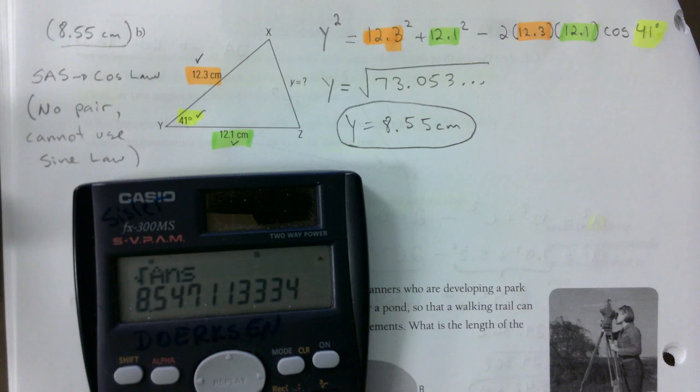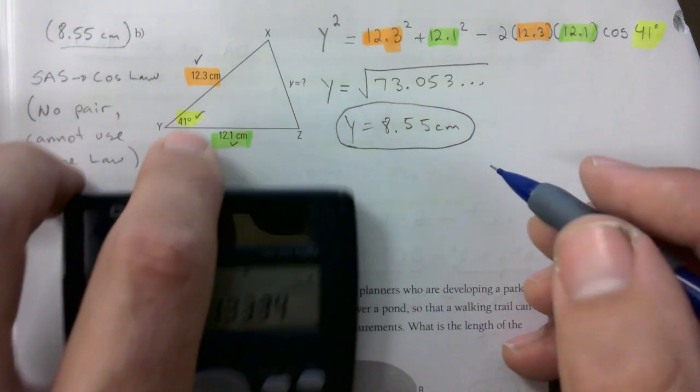Do you have a pair now? The question: do you have a pair now? Can you use sine law from now on if you wanted to solve for more things? Yes, absolutely. Once you have a pair, I will add that.